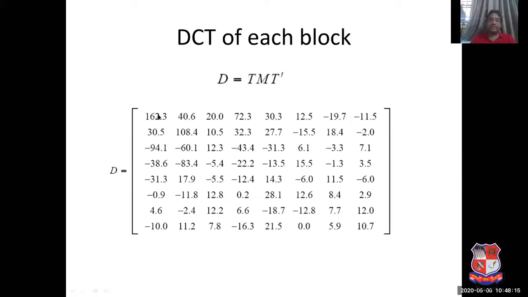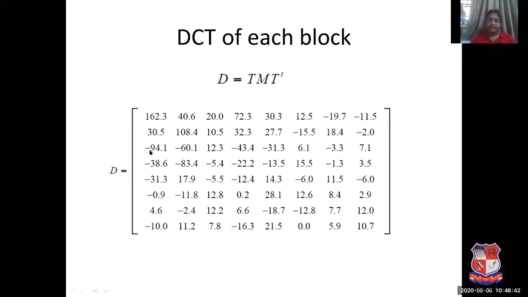Now as you move in the zigzag pattern: 40.6, 30.5, minus 94.1, 108.4, 20, then 72.3, 10.5, minus 60.1, minus 38.6, then minus 31.3, minus 83.4, 12.3, 32.3, 30.3, then 12.5, 27.7, and so on. This is how the zigzag pattern goes on.